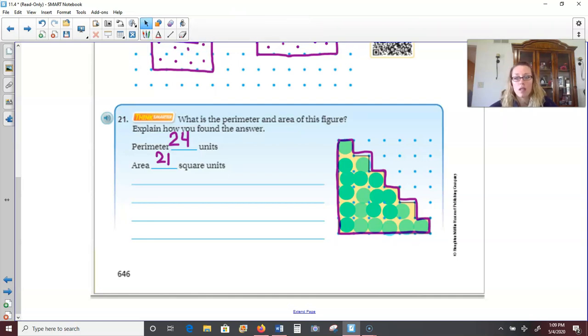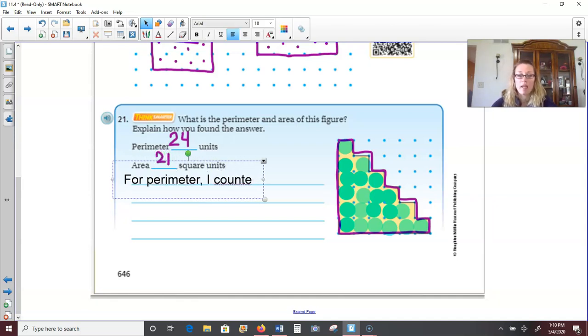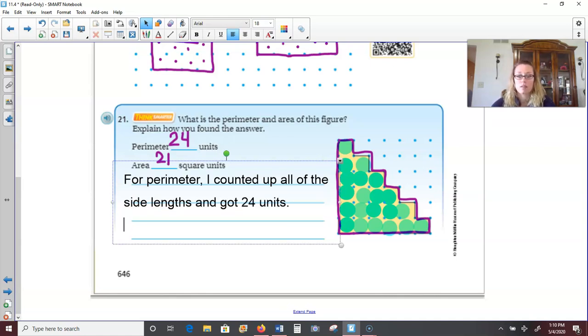Now to explain how we solve this for perimeter, I counted up all of the side lengths and got 24 units. Okay.